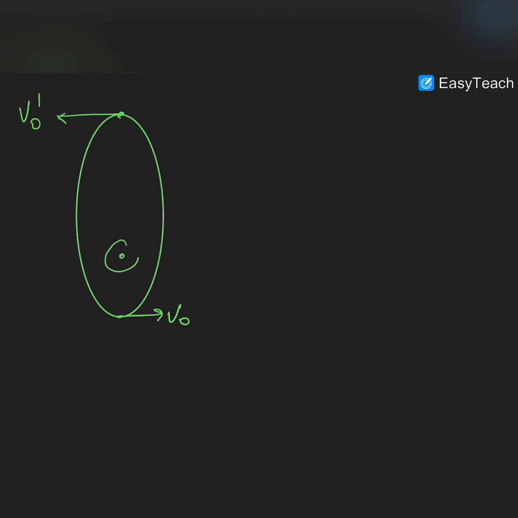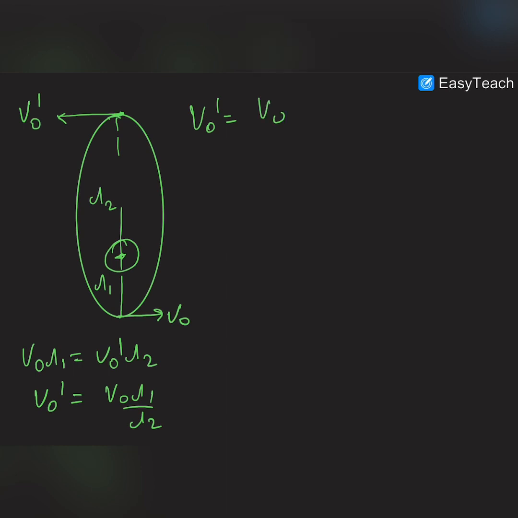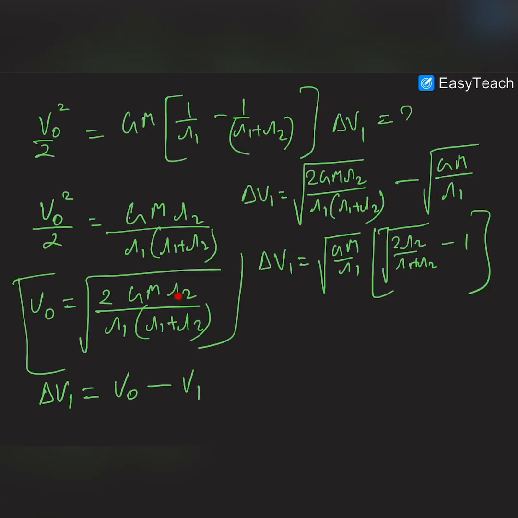This is the center of the planet, this distance is r1 and this distance is r2. Due to the conservation of angular momentum, v0 r1 will be equal to v0 dash r2. So v0 dash will be equal to v0 multiplied by r1 by r2, and the value of v0 we have already calculated is this one.